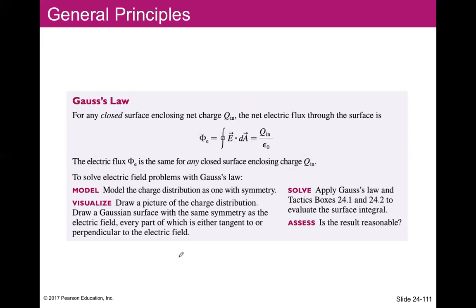If you make a Gaussian surface in a perfect way, it will simplify the integral into a simple calculation, such as a surface calculation of a sphere, a surface calculation of a cylinder or something, which will make your calculation very easy. Okay, that's it for the Gaussian surface or Gauss law.